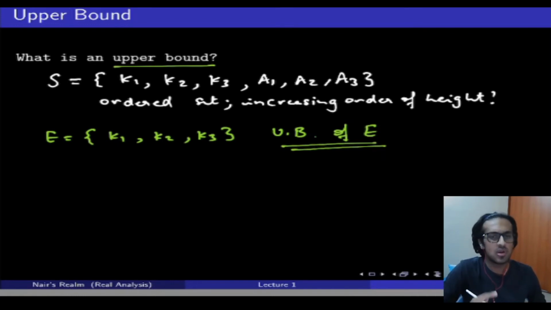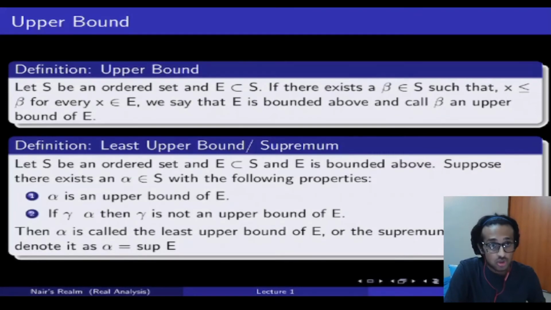Can there be only one upper bound, or can there be multiple upper bounds? So we're going to look at the formal definition, and we'll come back to this example and solve it. In a few seconds, this will be solved. The definition of an upper bound is as follows. Let S be an ordered set and E be a subset of S.